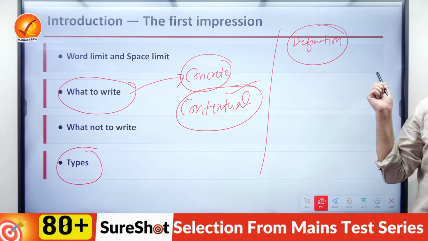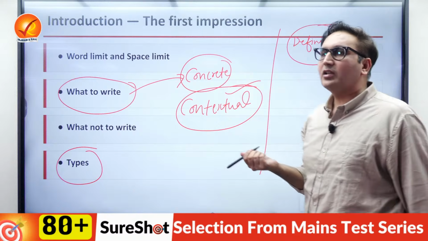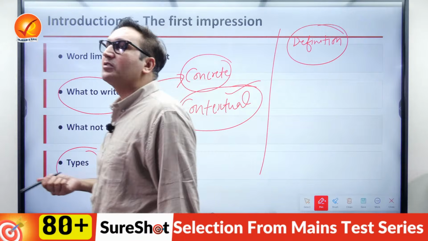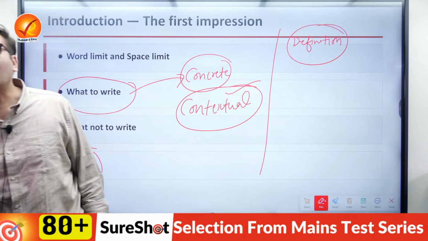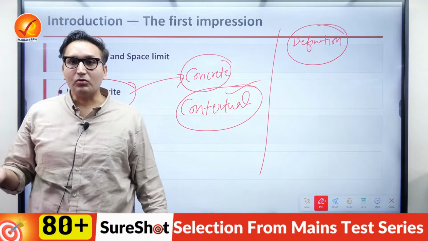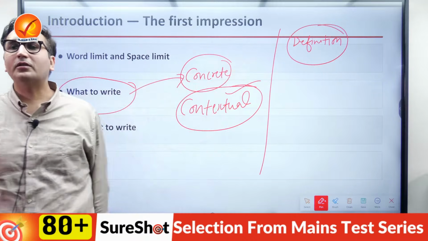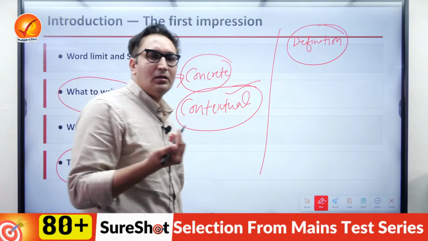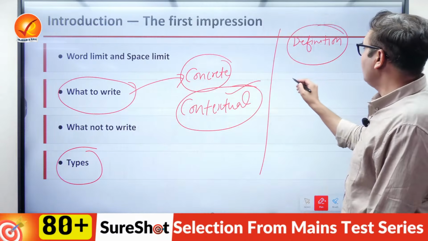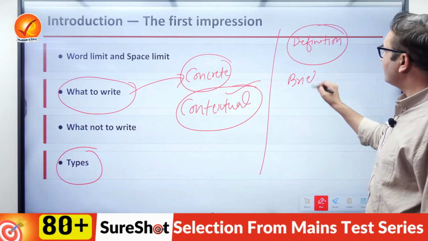I'm not saying it can never be written, it can be written. Let us say you are tackling a geography question about cyclones or twisters, or volcanoes. You can start with the definition. Another thing is a brief overview of the whole situation.